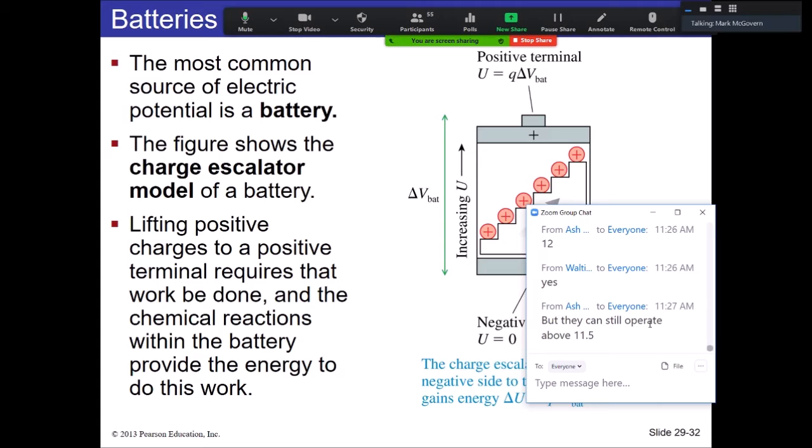And that's not good because the circuits in the car require 12.6 or above, I guess. And if you have your AA batteries, I believe AAs are 1.5.